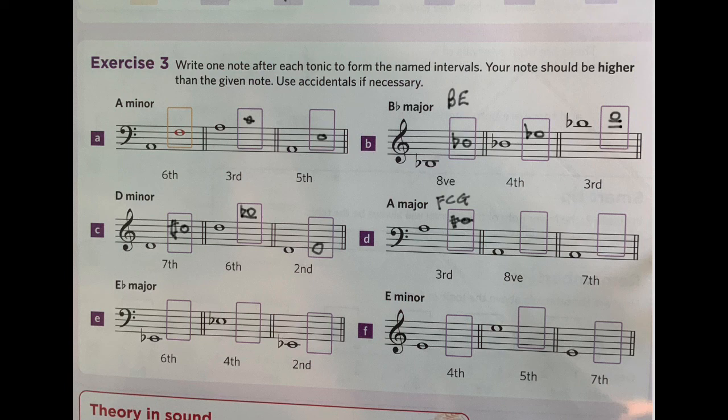Okay, here they are asking for an octave, and it's bass clef, and so we are going to put an A here. And on this one, they want a 7th, and the 7th is always raised, and so we'll do a G sharp.